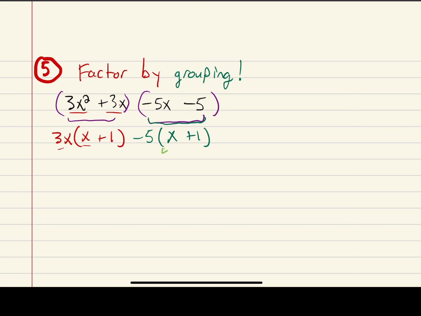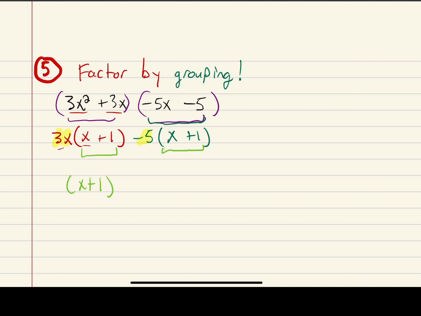I see that I can actually factor out x plus 1 from this entire equation here because that is common to both. So I'm going to factor one more time. I'm going to factor x plus 1 out of here. And when I do that, what remains?